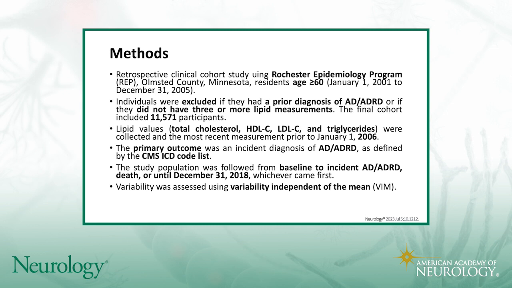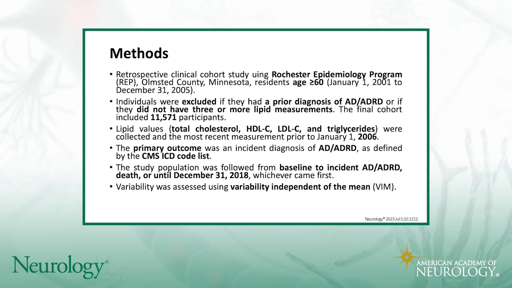Ultimately, more than 11,000 participants were included in this study, and lipid values, including total cholesterol, triglycerides, HDL and LDL were measured. The main outcome was set as incident Alzheimer's disease and Alzheimer-related dementia as a primary outcome, and it was based on the ICD codes.